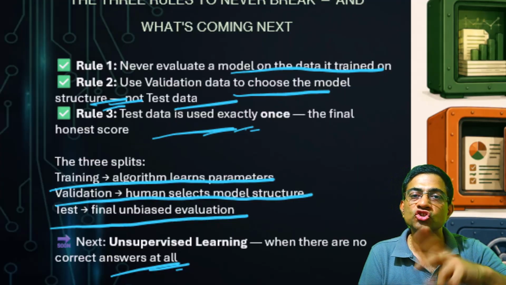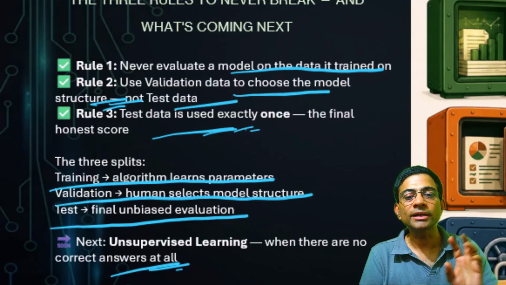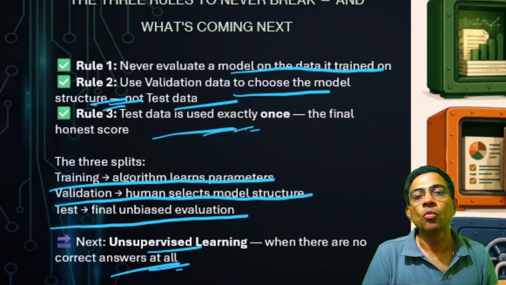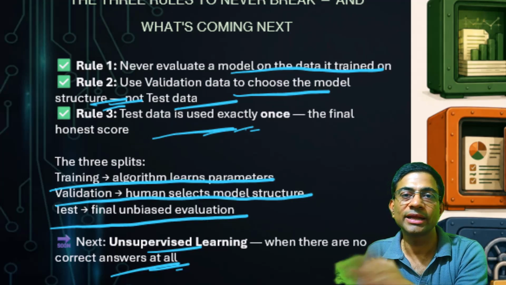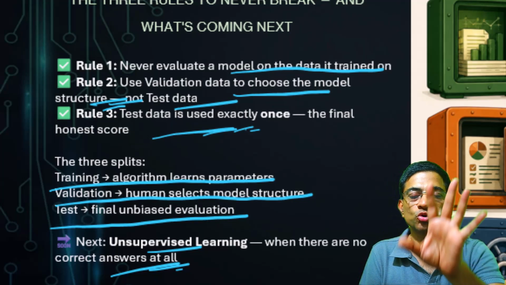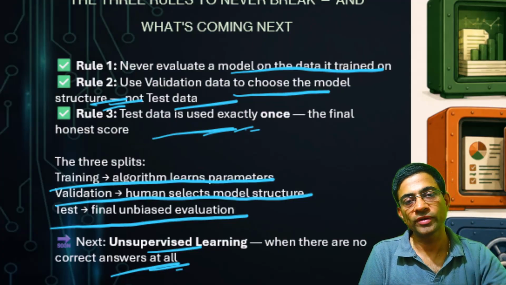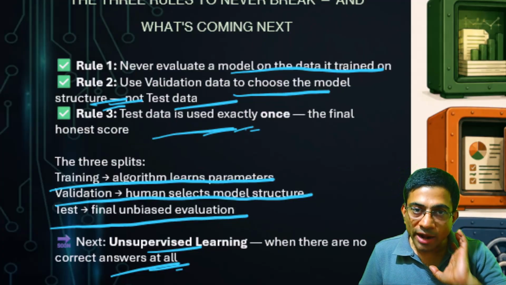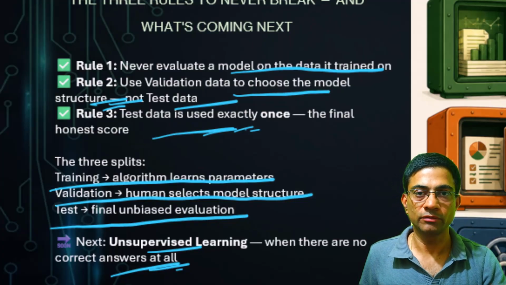So we had a choice, a kind of selection. We gave a label. But in unsupervised learning, we are going to take away the right-hand side, that means the labels portion, leaving alone the data that we have. And we will understand what we can learn from that kind of data.